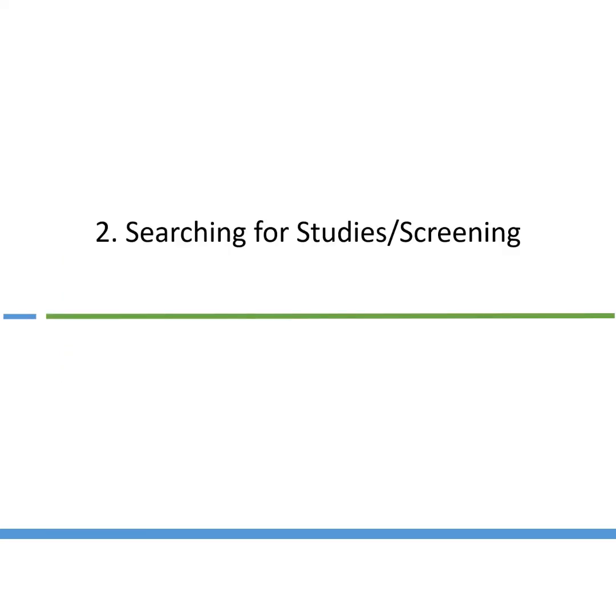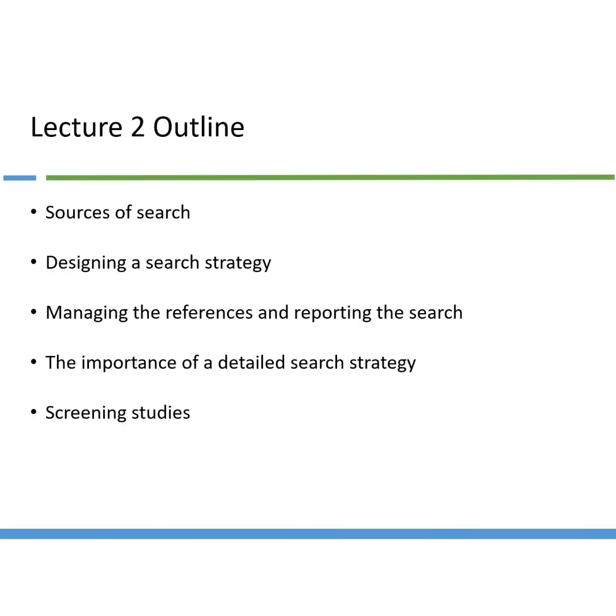Now we're going to talk about the second part of the presentation, the second lecture, which is searching for studies and screening studies. First, we're going to talk about sources of search, designing a research strategy, managing the references and reporting the research, the importance of a detailed search strategy, and screening your studies.